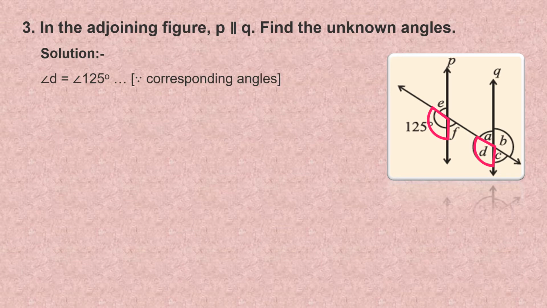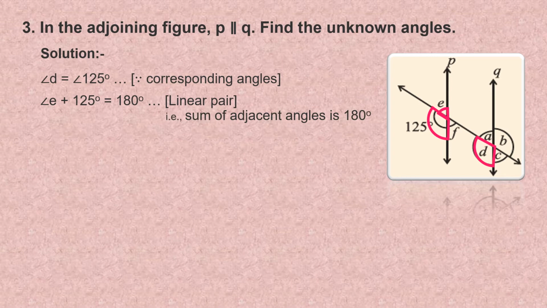We also know that the angle on a straight line is 180 degrees. Look at the picture. Angle E plus 125 is equal to 180 degrees, a linear pair. When we add these two, we get 180 degrees. So angle E is equal to 180 minus 125, that is 55 degrees. So angle E is 55 degrees.